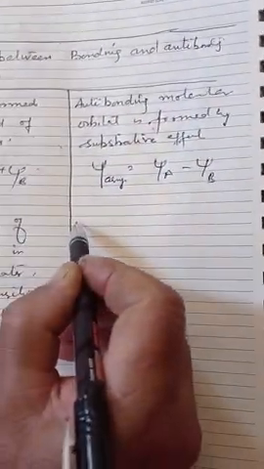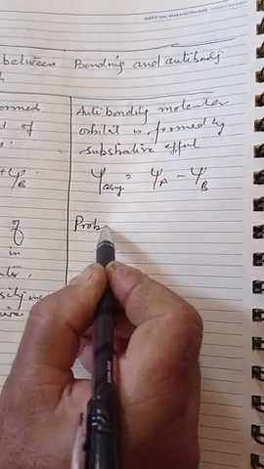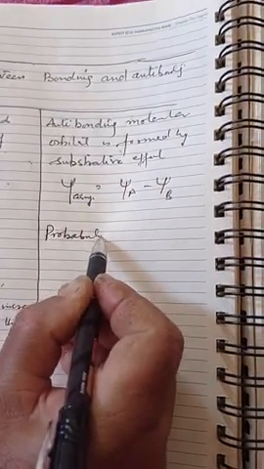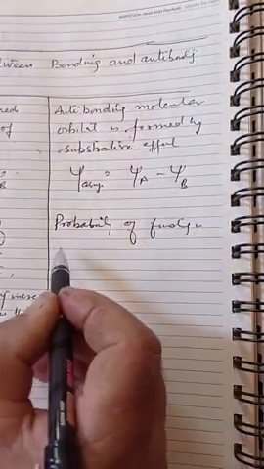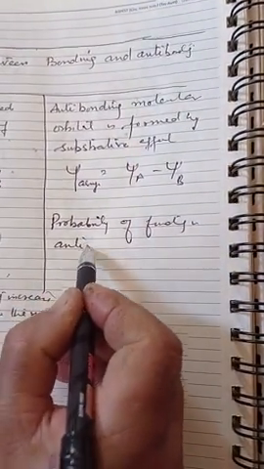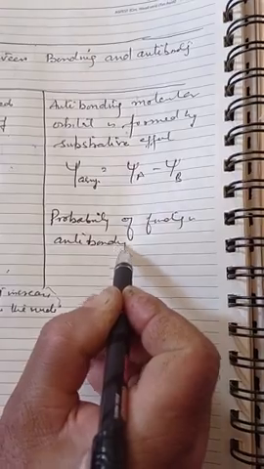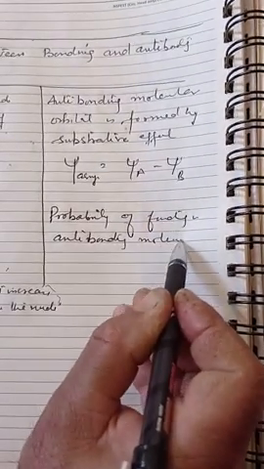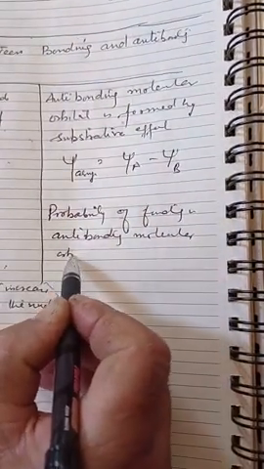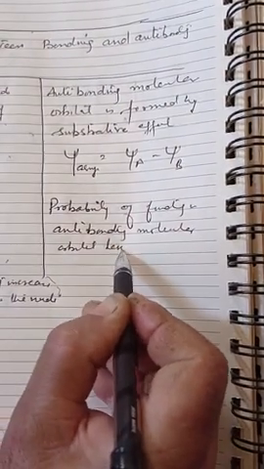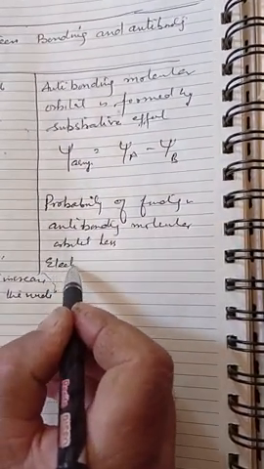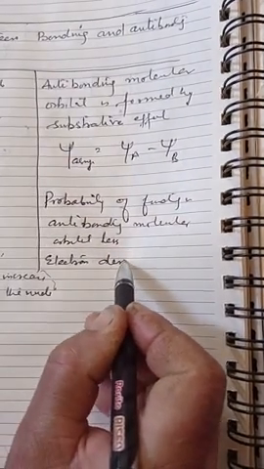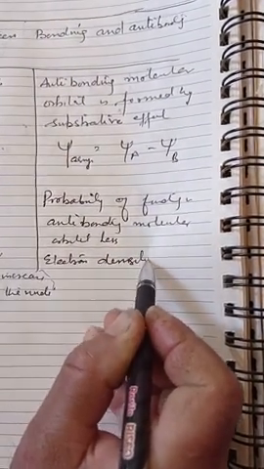And in case of anti-bonding orbital, the probability of finding the electron in the anti-bonding molecular orbital is less. इसका मतलब है electron density decreases.